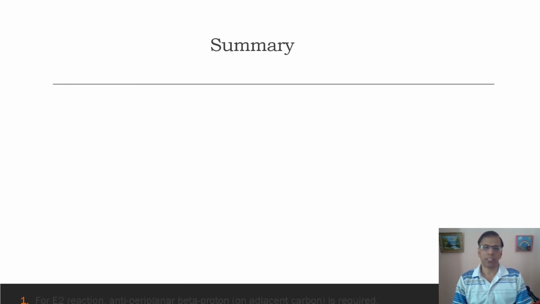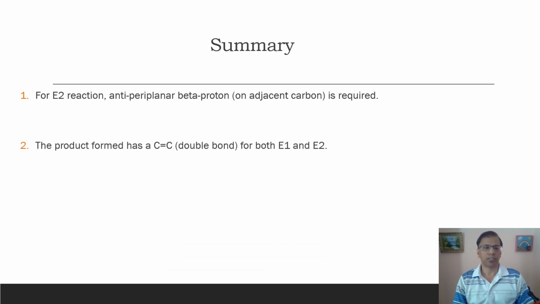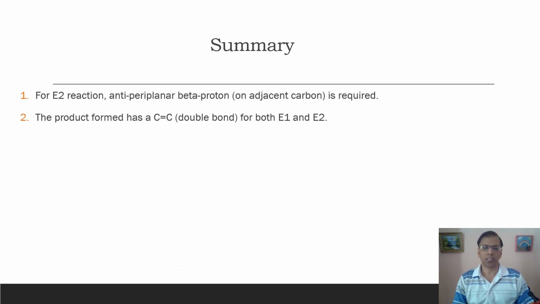So in summary, for E2 reactions, you need to have the proton that's abstracted and the leaving group in anti-periplanar configuration. The product that's formed is a double bond for both E2 and E1 reactions. A carbocation is formed as an intermediate for SN1 and E1.